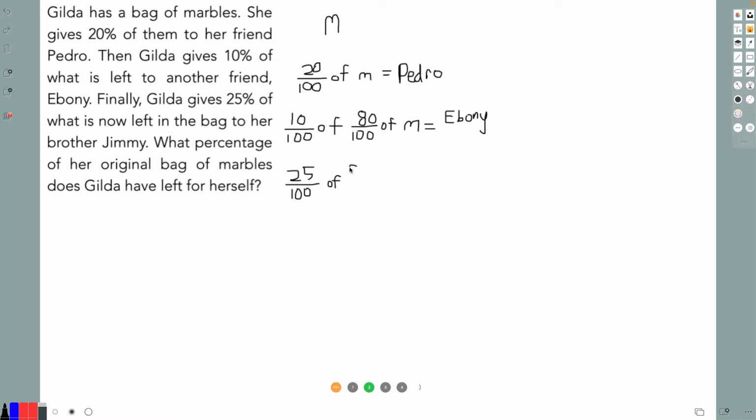So it's going to be 90% of the remainder, which was still 80% of M, and since the remainder hasn't changed, we can write the same 80% of M over here. And that she gave to Jimmy.